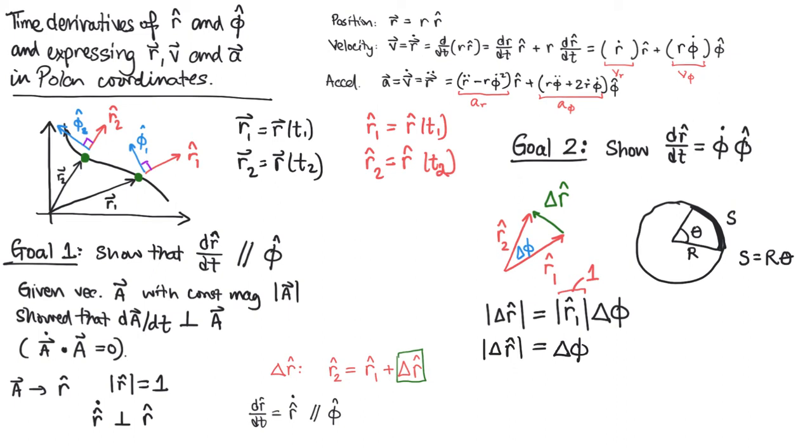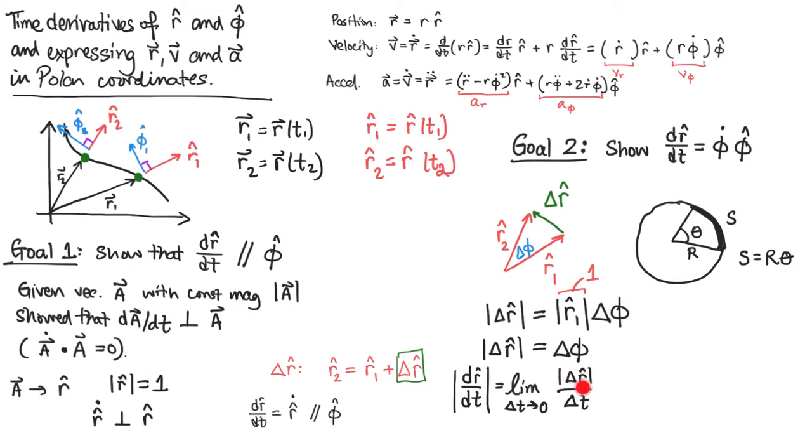Okay. So let's think now about the quantity that we're trying to solve for. We want to know what is the magnitude of the rate of change of r hat. Okay. Well, that is a derivative. That's the limit, in the limit of small time intervals, of delta r hat over delta t.